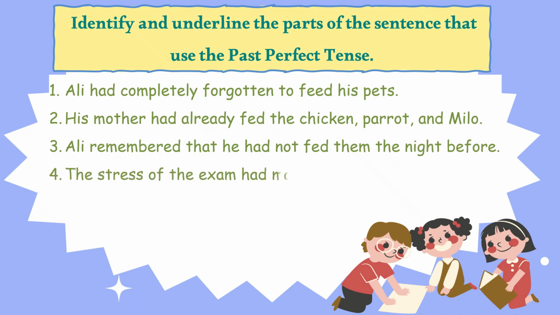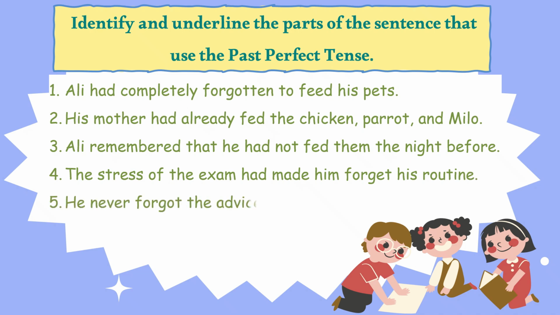The stress of the exams made him forget his routine. He never forgot the advice his mother had given him. Let me do the first one for you. Had completely forgotten is the part of the sentence that uses the past perfect tense.